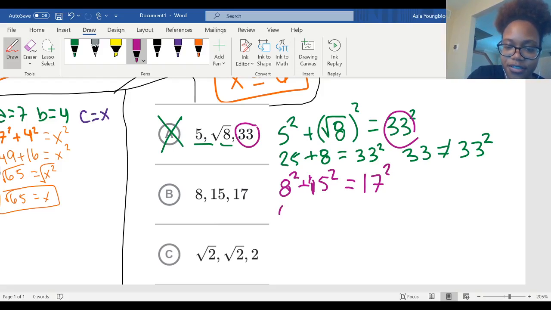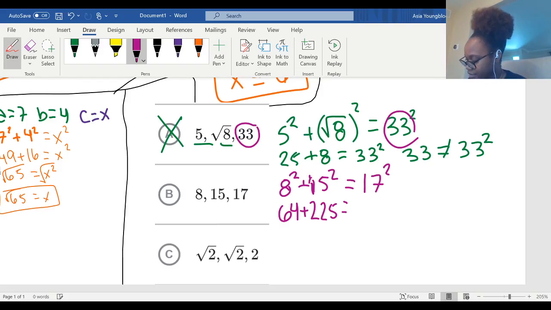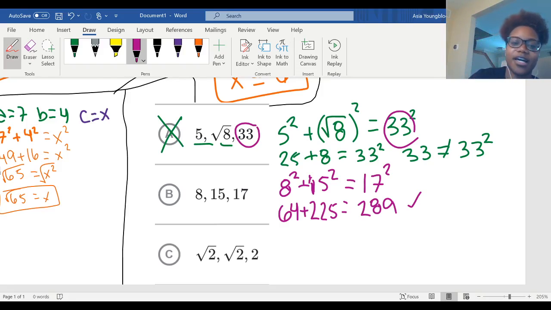So that would be 64 plus 225 equals 17 squared, which is 289. And that is true. 64 plus 225 is 289. So when we go back to that screen, we're going to select that as one of our answers.